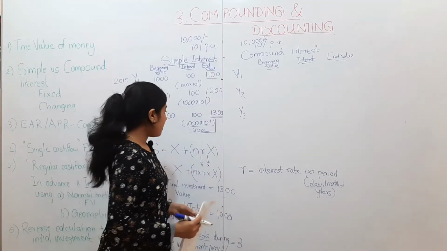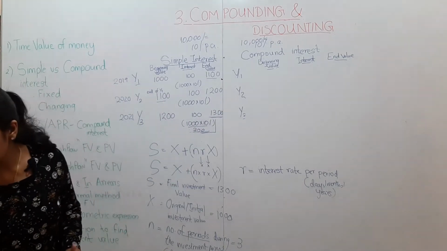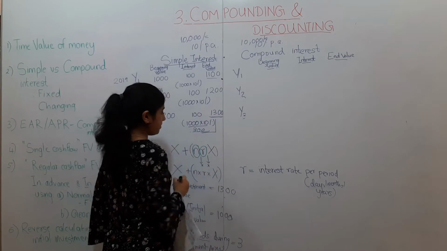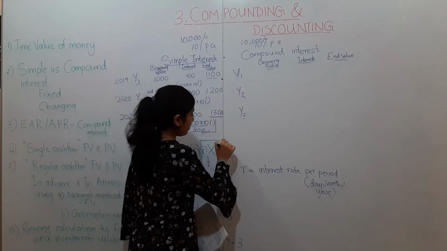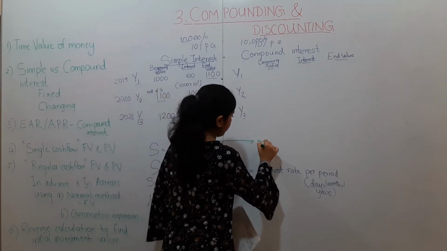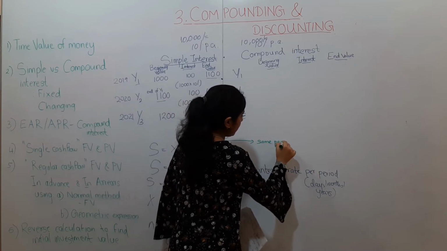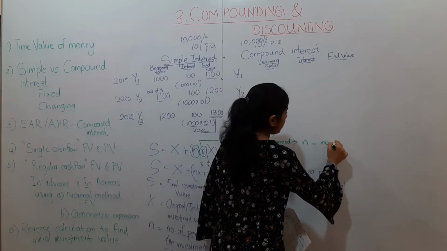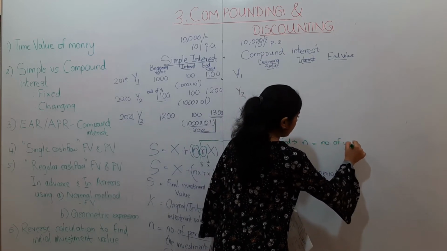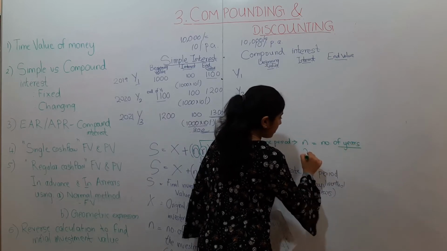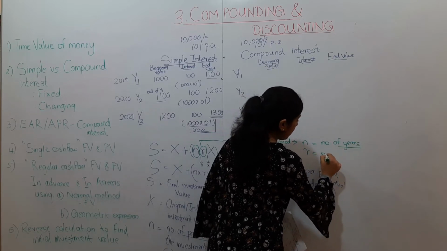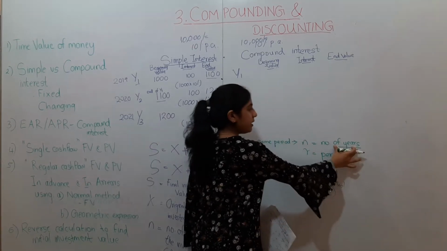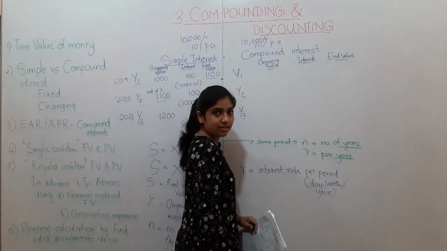That is, this n and R in the equation must be for the same period. That means if they have given in the question n as a number of years, then the interest rate R also must be per year.